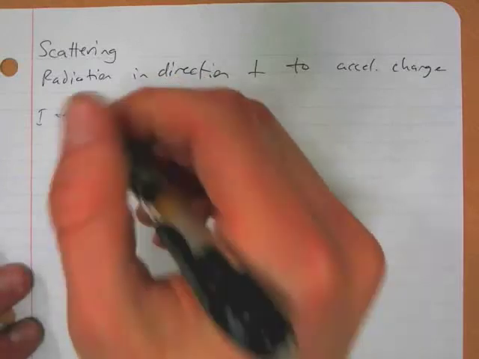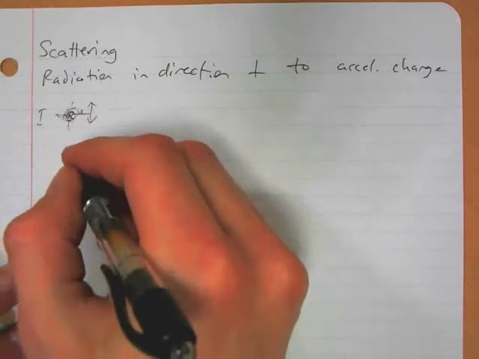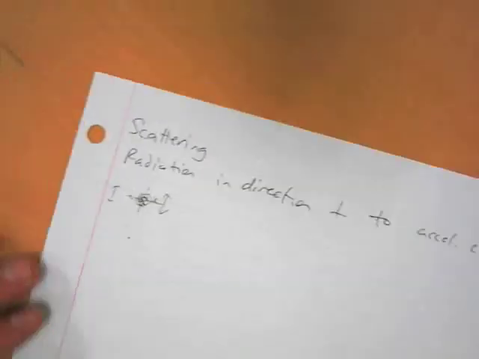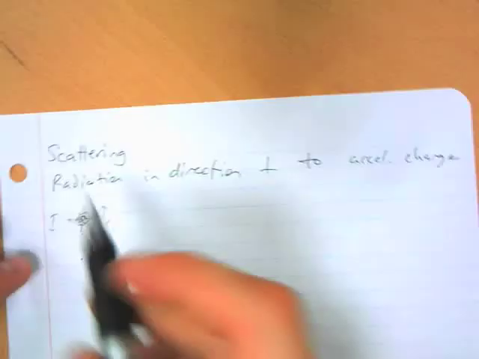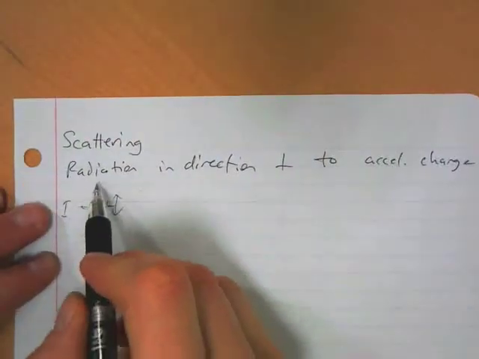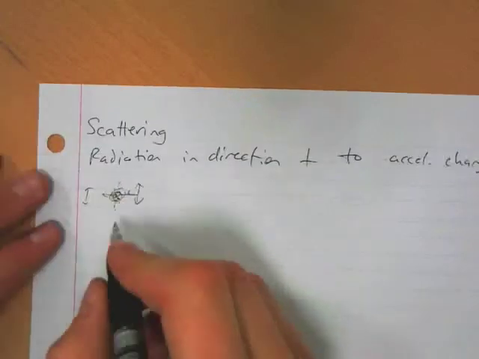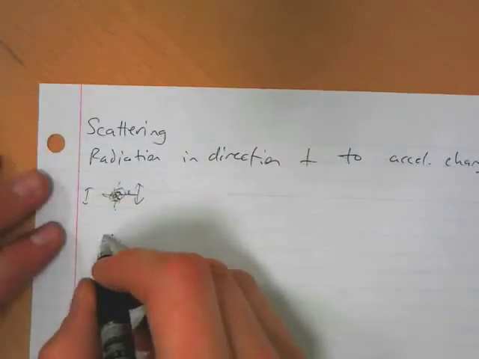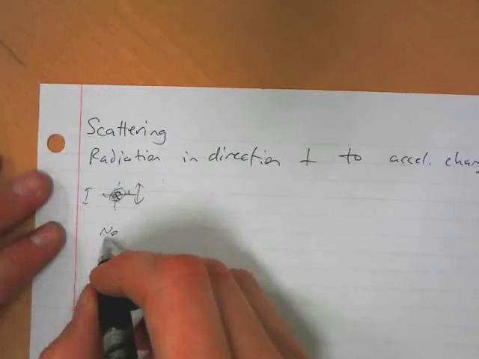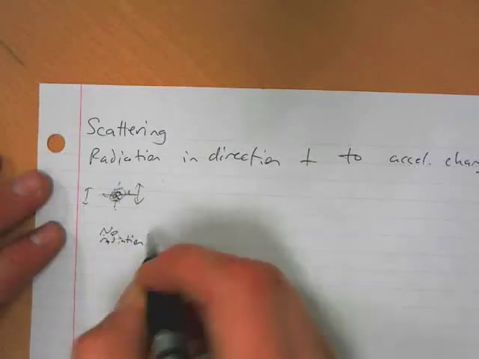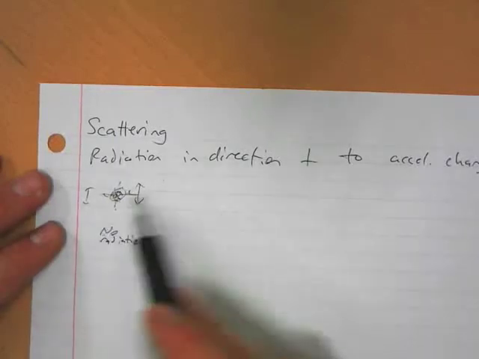If you go below it, now if you're looking at it from down here, then you're not going to see anything because you're looking down. Your line of sight is the same direction as the acceleration of the electrons or whatever in this molecule, and so at a point below it, you see no radiation. Okay, so that's easier to think about.